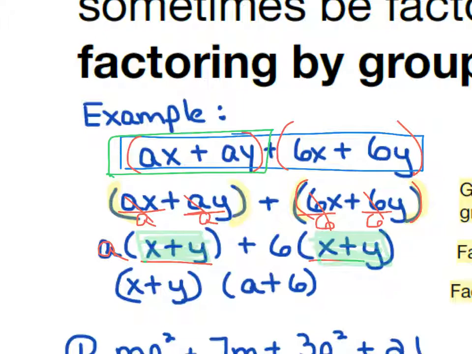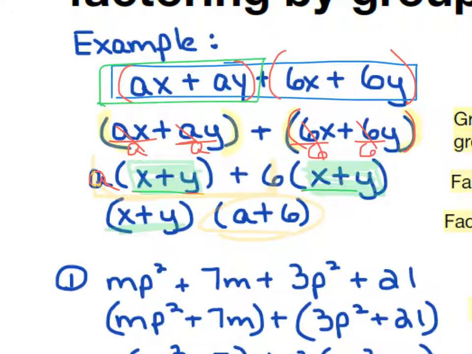Once you divide and you get the same thing in this parenthesis, that's now becoming a GCF. You write it once, and then you take the 2 things that you just divided by, these 2 GCFs, and it goes in the other parentheses. Keep in mind, it doesn't matter if you write the a plus 6 first or the x plus y first. Either way.